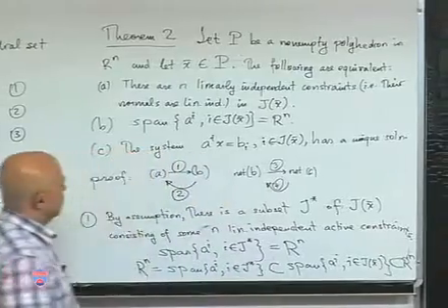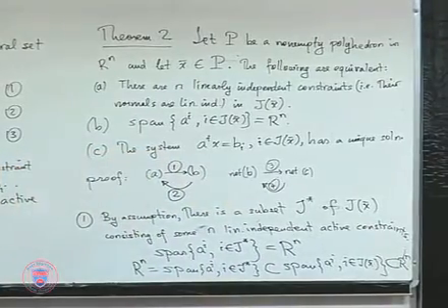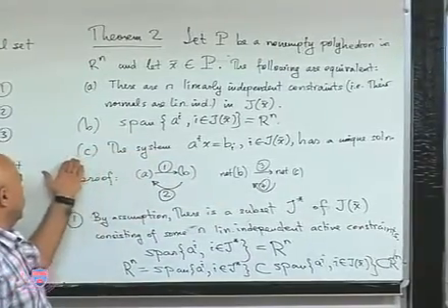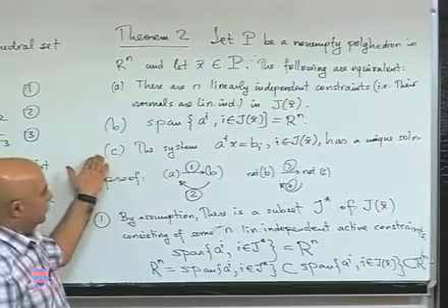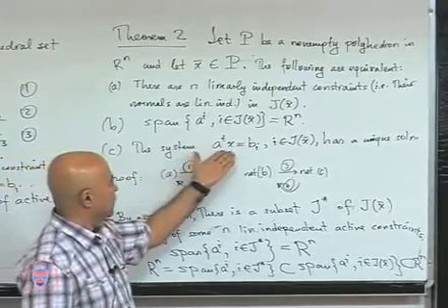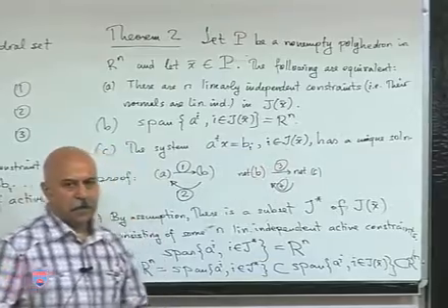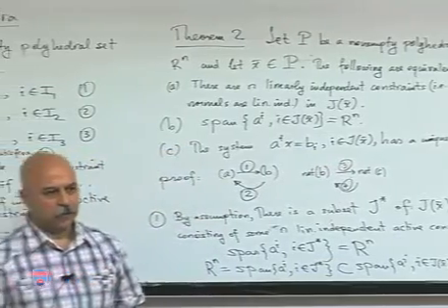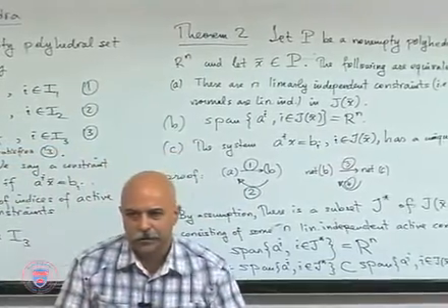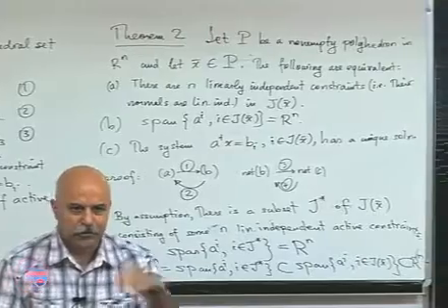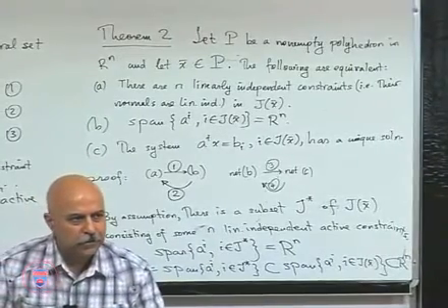What do we want to show? Part C. Actually, we want to show not C, which means we want to show that the system AIX equals BI for I in JX does not have a unique solution, which means either it has no solution or it has multiple solutions.